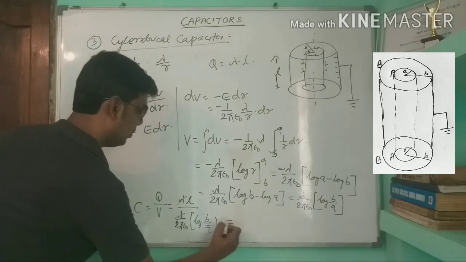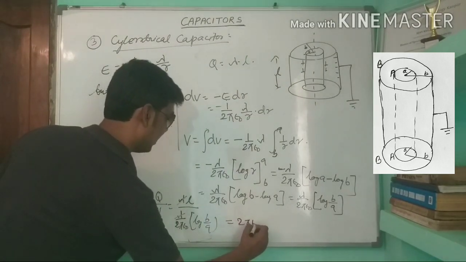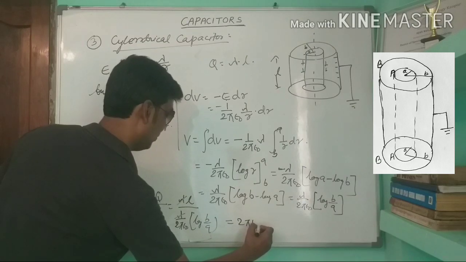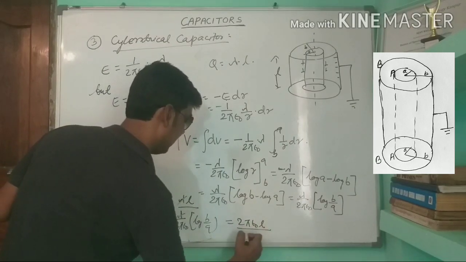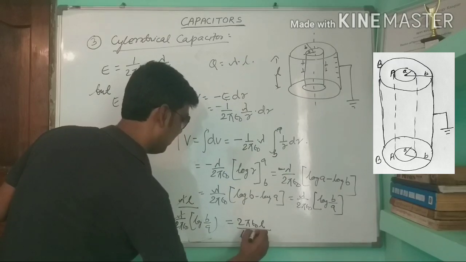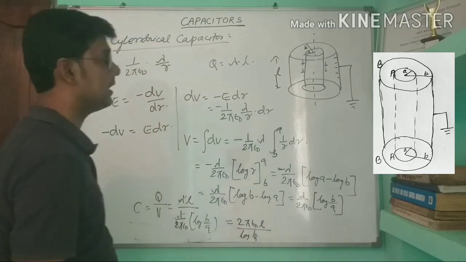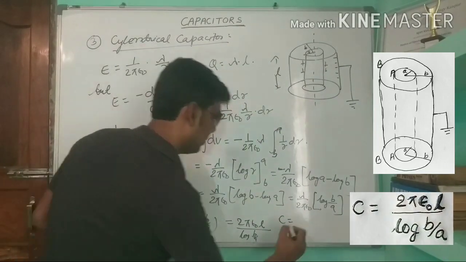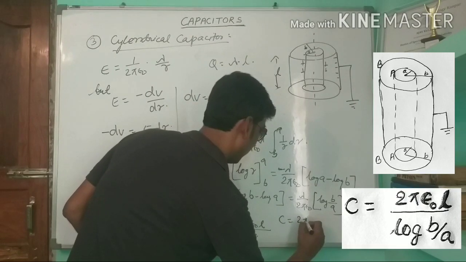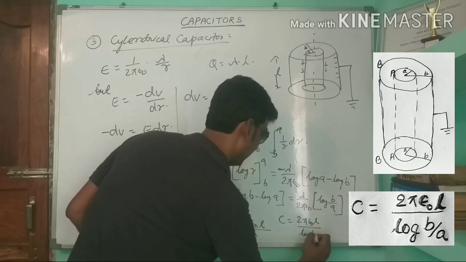It will be equal to 2 pi epsilon 0 into L by log B by A. So finally the capacitance for a cylindrical capacitor is C equal to 2 pi epsilon 0 L by log B by A.